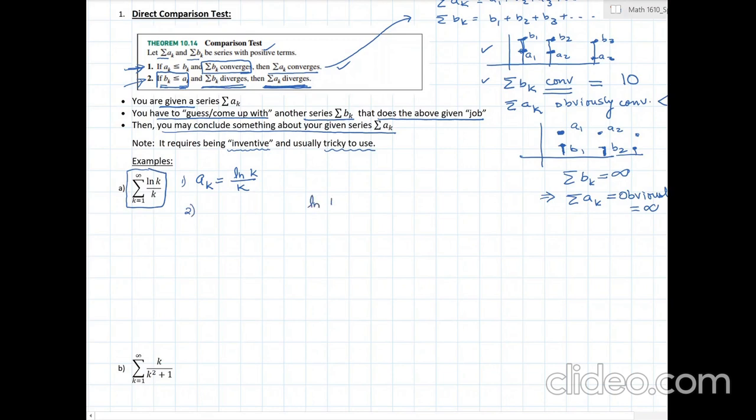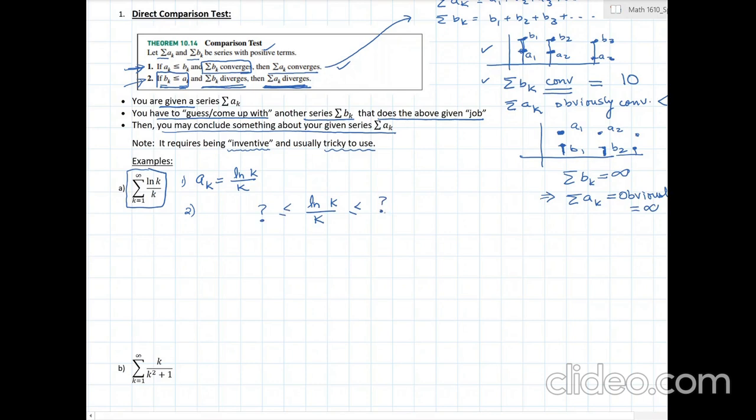Now I have to find something above or something below it. So that is the bk's that I'm looking for.